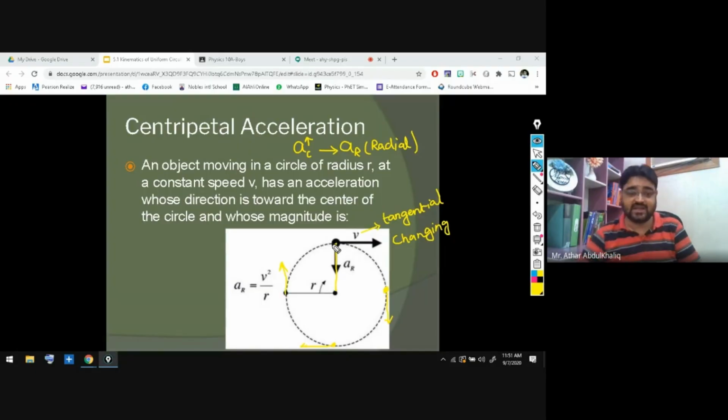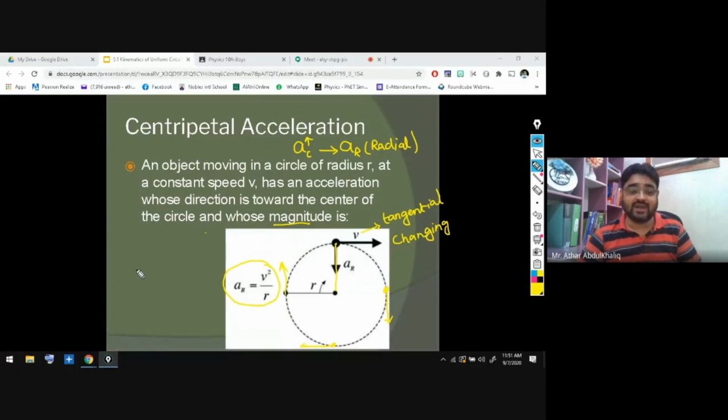I'm repeating this again. If an object is moving in a circle of radius r at some constant speed but changing direction, it has an acceleration whose direction is toward the center of the circle, and whose magnitude is a equals v squared over r.